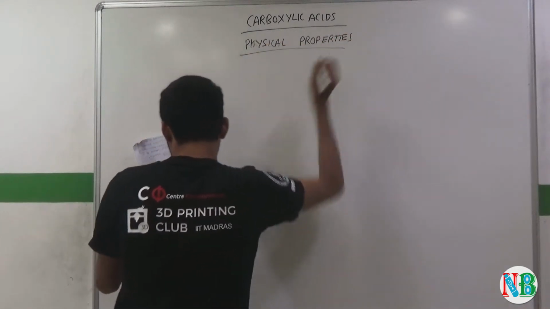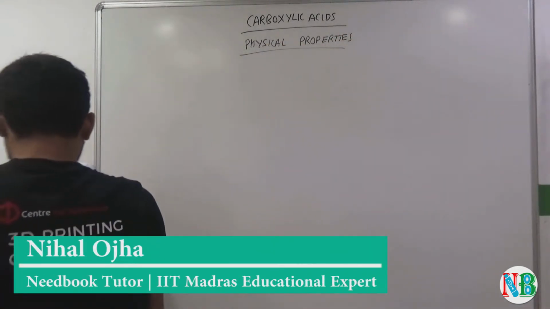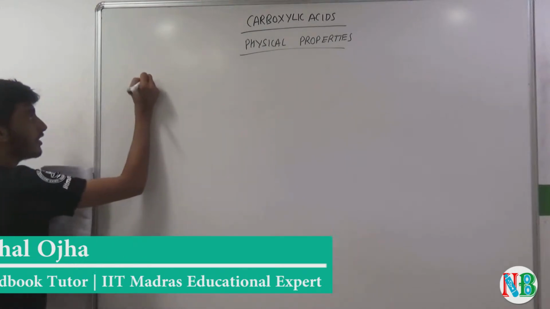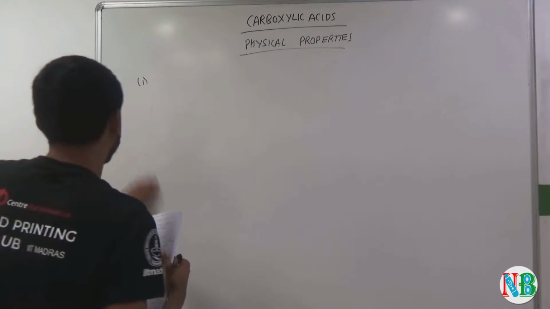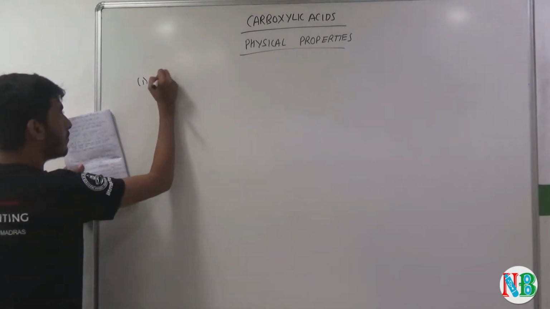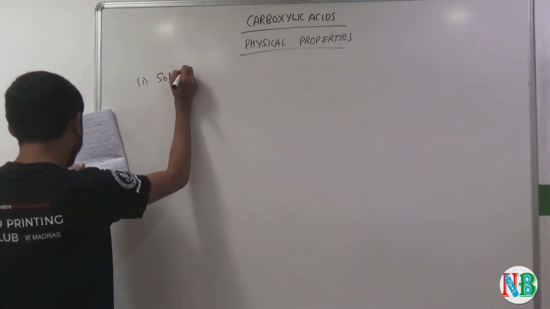Physical properties of acids. First, we should learn whether these acids are soluble or insoluble in water. So the first property is solubility.